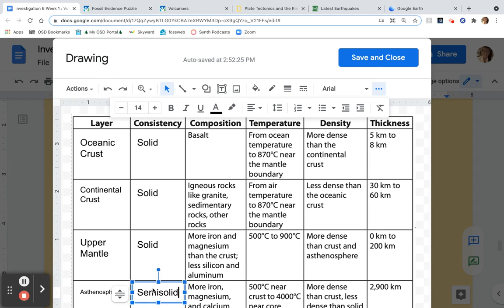And it is going to be underneath the solid plates. So the plates are made of the crust and the upper mantle. What's underneath the plates is this chunky molten jello flowing material. Think about jello, it's kind of jiggly wiggly, but if it was full of chunky material and it was really hot, that's what this would be like.